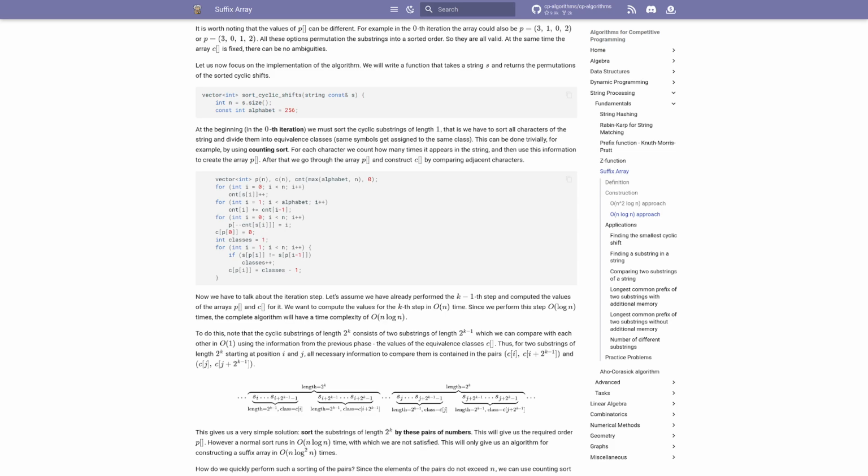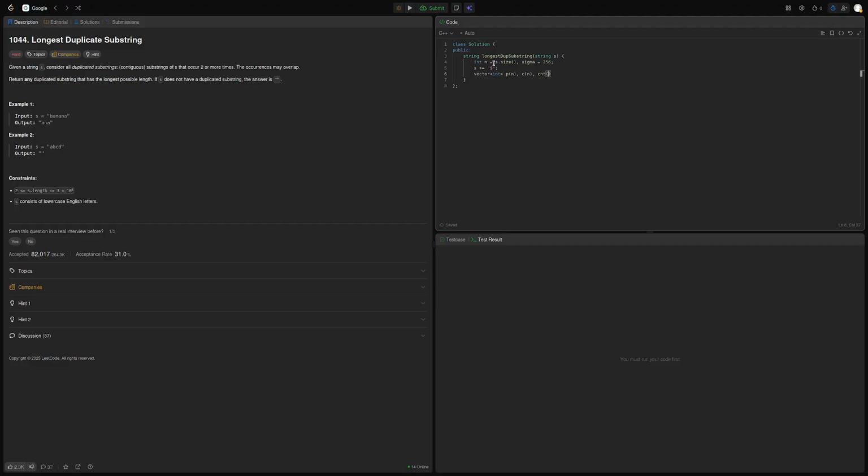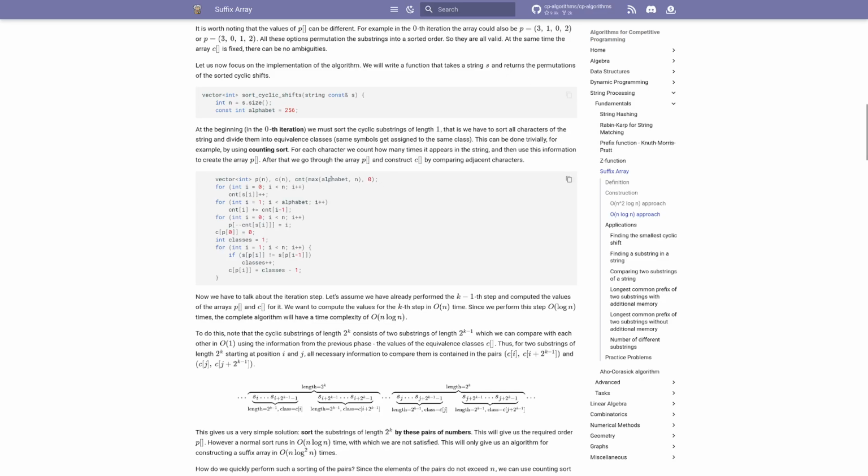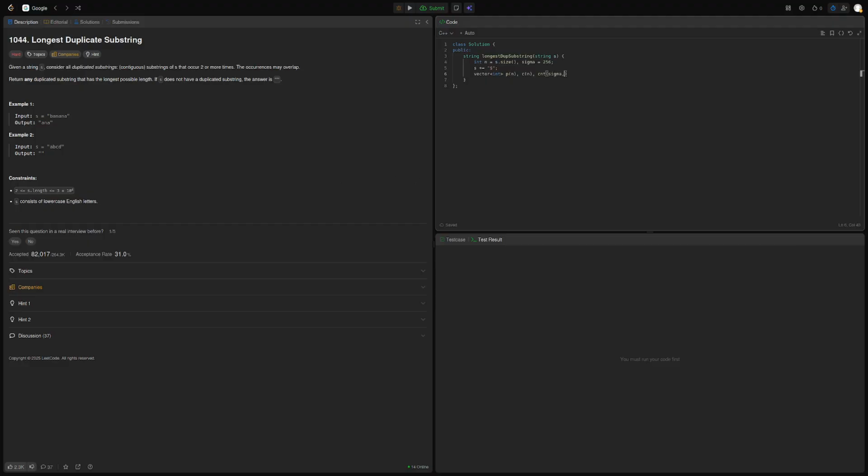Why would you have a max if n is 10,000? Why would you have a count of 10,000? That doesn't make sense. Just pretend the alphabet is always 256. Why would you need more than 256? You only use count here. I don't understand, bruh. Let's do just sigma.